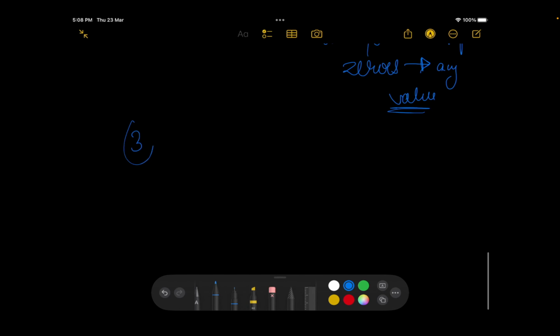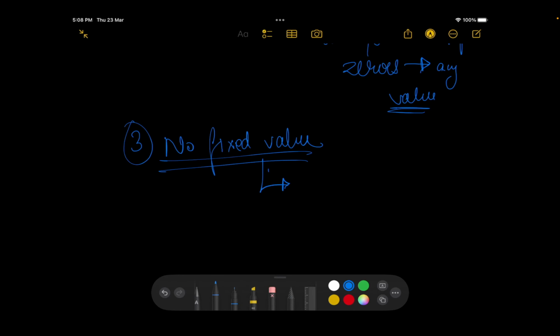The third case is that there's no fixed value. Now for all the zeros that are important, you have a choice of putting any value from 1 to m. So in this case, you'll have two categories: one is value 0 which is important, and the other category is value 0 which is not important.